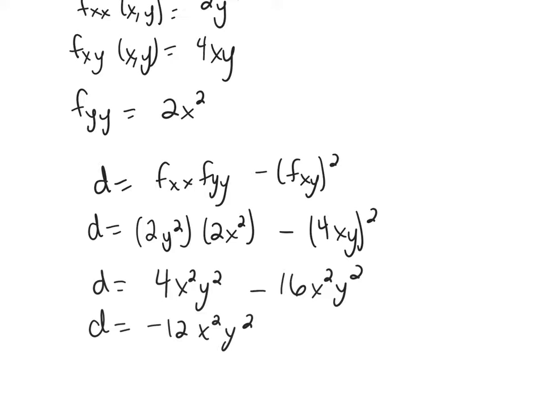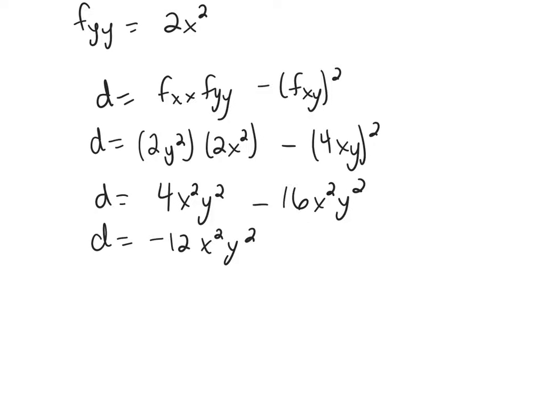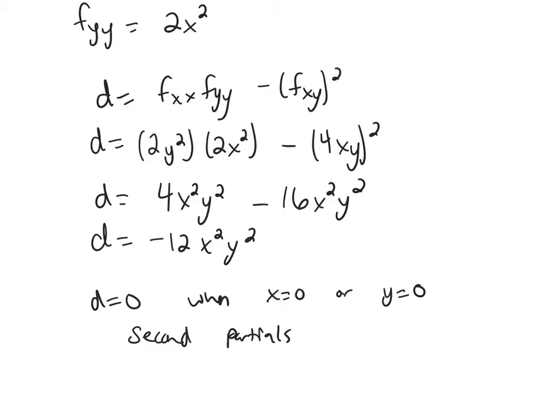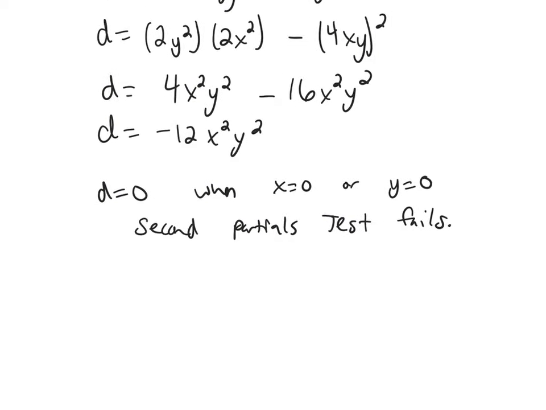When x and y are both 0, D would be 0. So this means that our second partials test fails, because remember that for the second partials test, if D is 0, and for all of my critical points D is 0, the test is inconclusive.